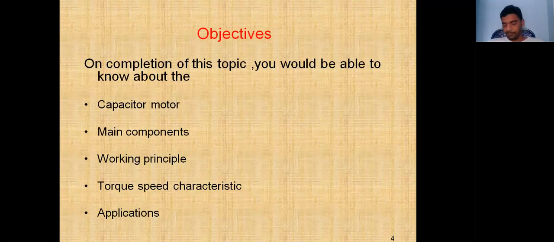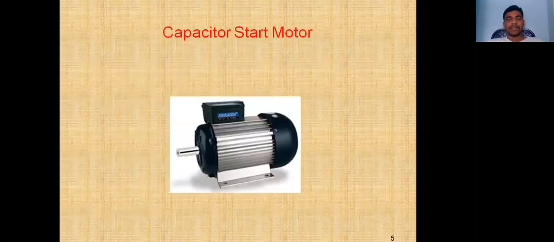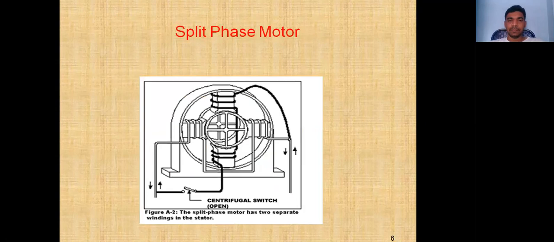Capacitor start motor. This is the single phase capacitor start motor, and we can find the capacitor here. This is the split phase motor.